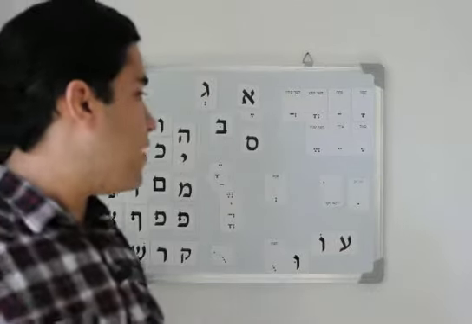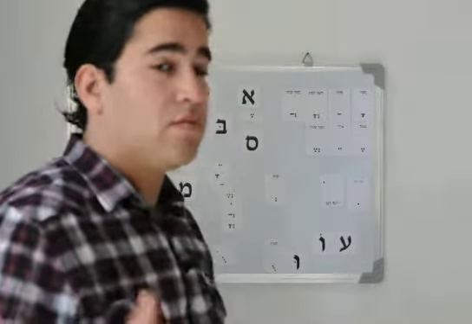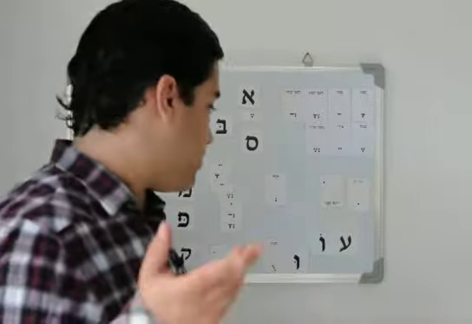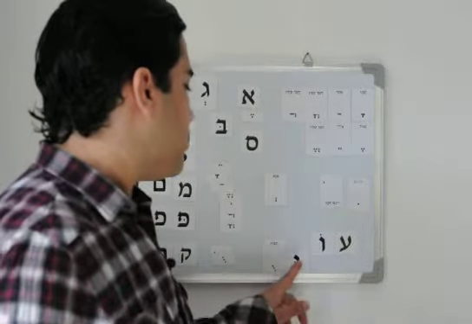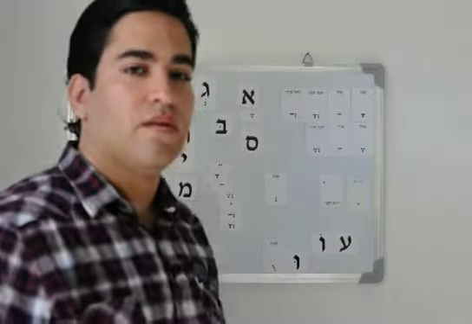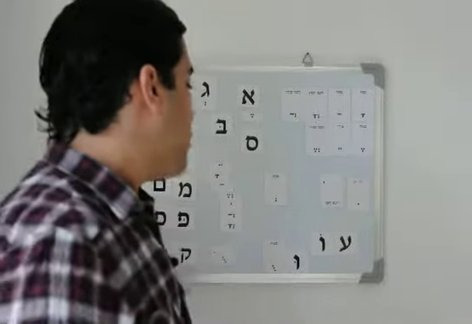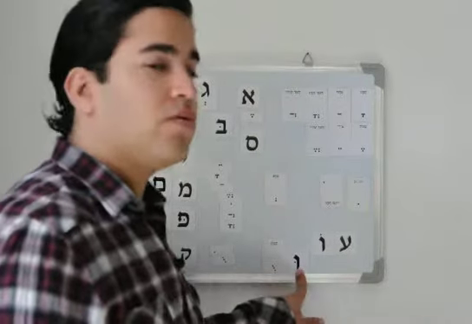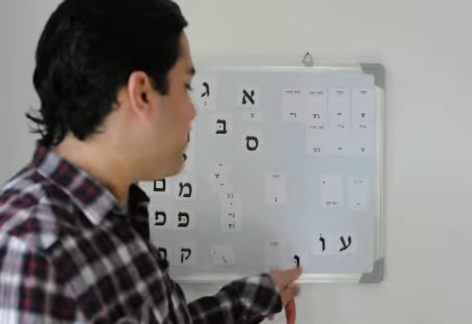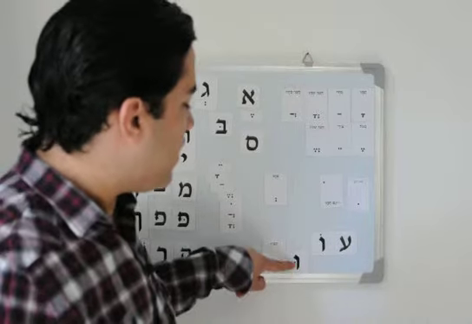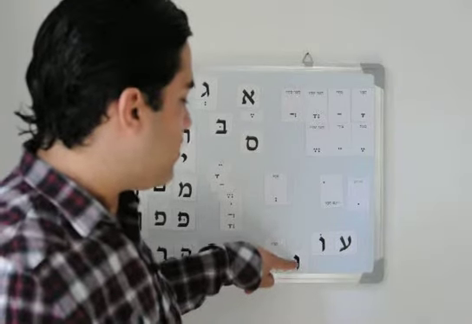And the last one, it's also a small group. This is not a real group because it's just two. It's called Shuruk and Kubutz. They sound the same, U. Take any letter, change it to U. But Shuruk always comes just with Vav. Look, there is Vav, and one dot in the middle of this.